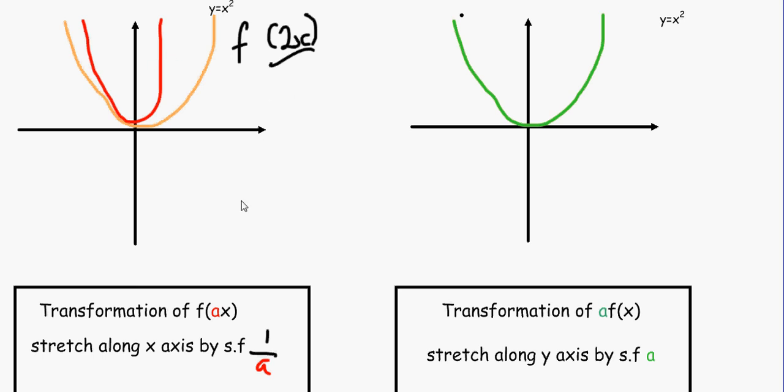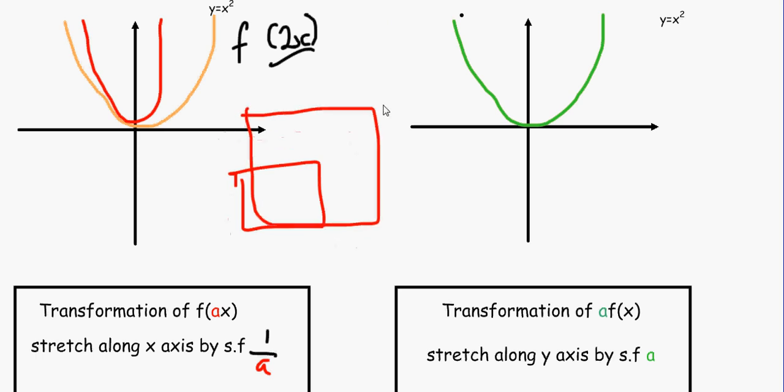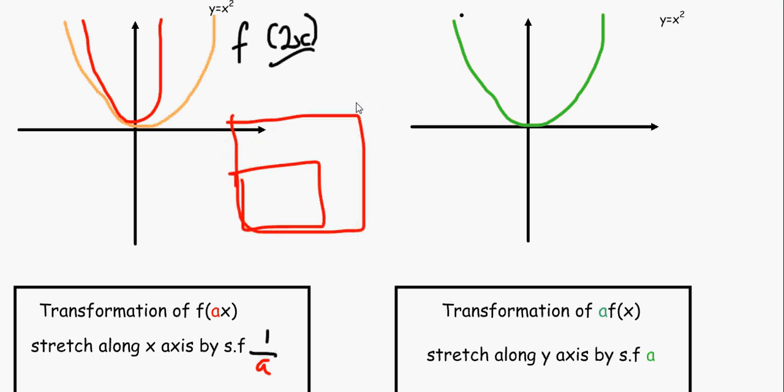Remember scale factors from GCSE. When we wanted to enlarge this by a scale factor 2, it would look 2 times bigger. But if we wanted to stretch it by a scale factor 1/2, it looks half as big. If that even made any sense.